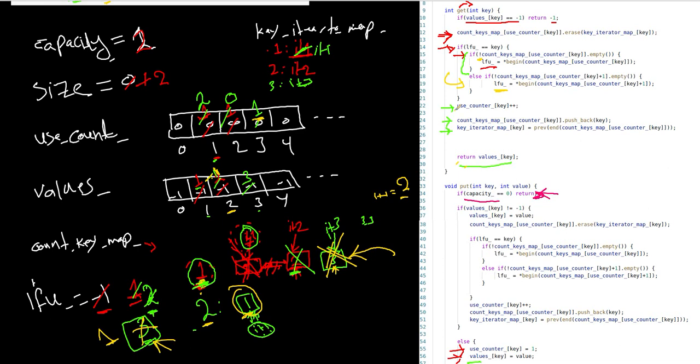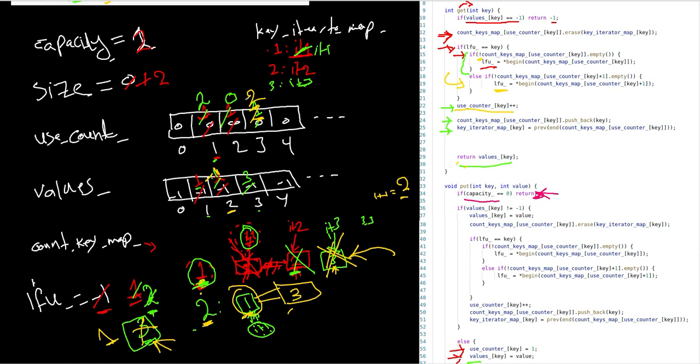Then we update the counter for the key. The key becomes 2, and we assign it to the linked list. So here we have the count 2, so we assign it here to the end.